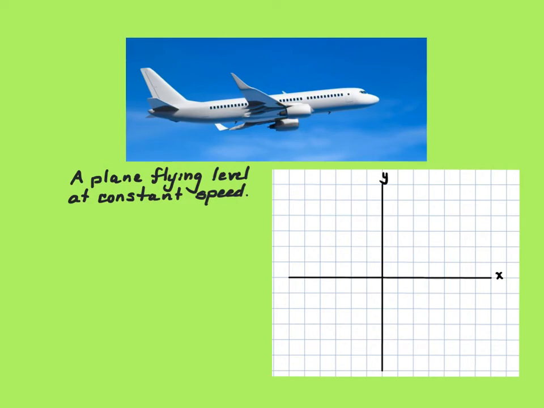So now we've got a plane flying level at constant speed. So our acceleration is 0, and our F net is going to be 0. And we've got a number of things acting on this plane. So we've got gravity.